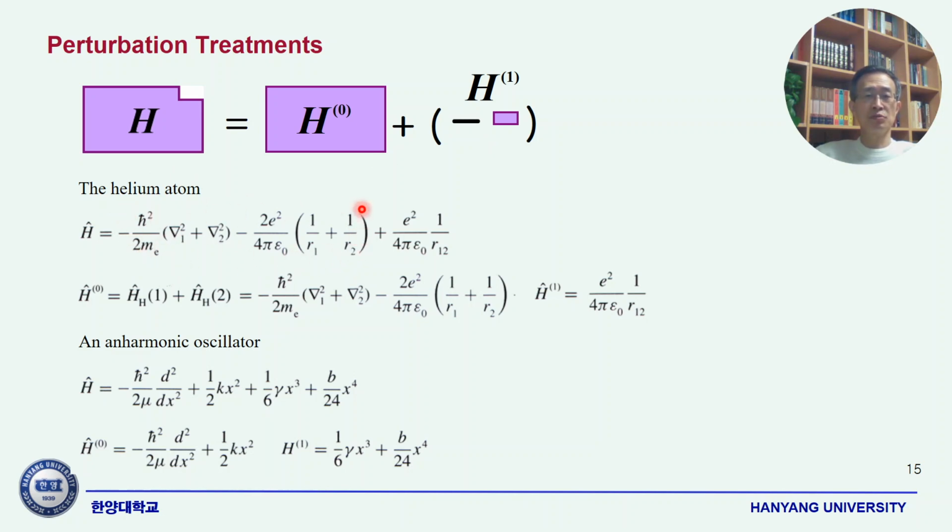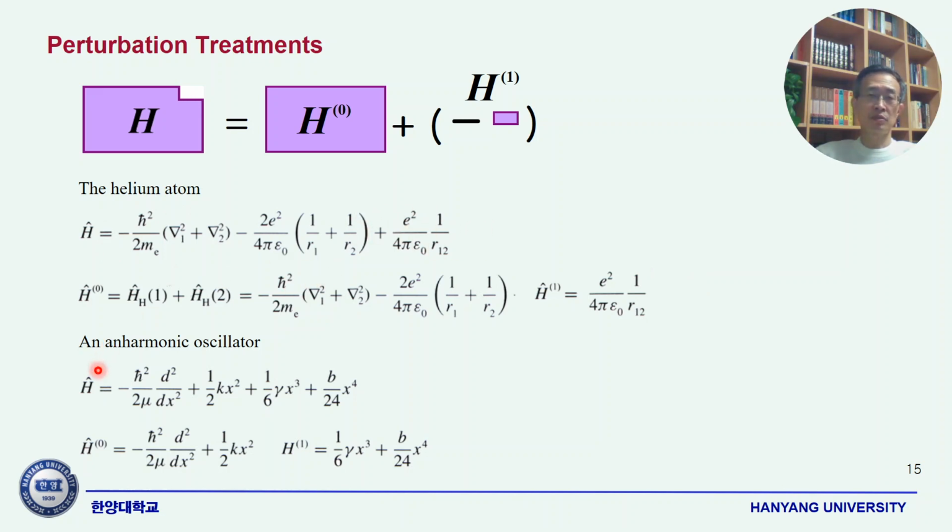So these two together, kinetic and potential, are exactly solvable. We call them HH1 and HH2. And this is the exactly solvable H naught. And this part, the electronic potential energy term, is the perturbation in this case. So this is how we break up the problem: exactly solvable and perturbation.